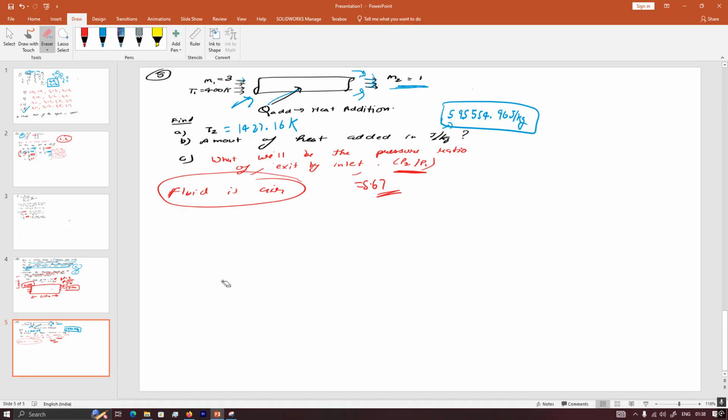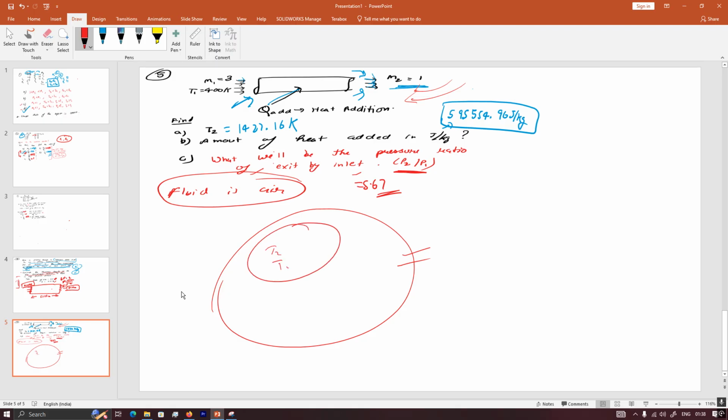Using whatever we have discussed here, whatever I have told you about how to approach the question, you can think of that as well. First I was thinking of a different approach for this question, but then I got reminded of this T2 by T1 formula.